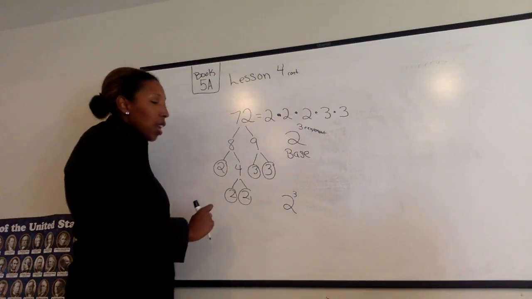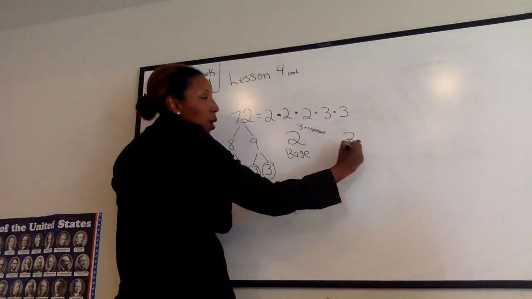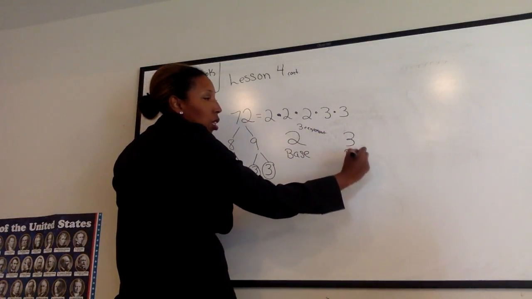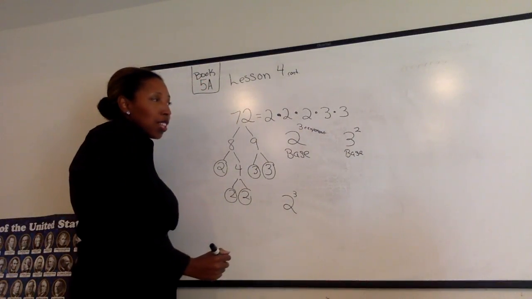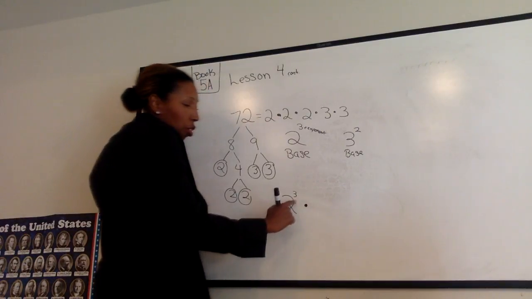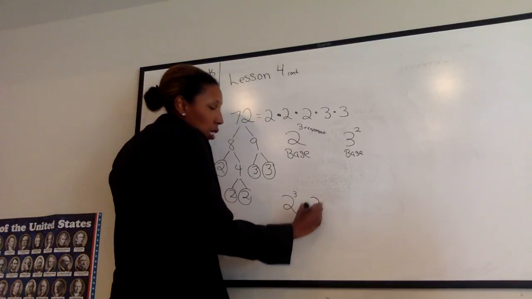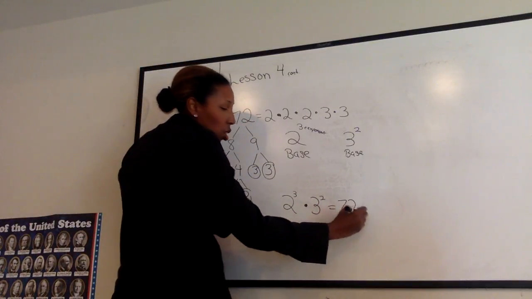Now, I also see here 3. So 3 is my base number, and I see it twice. So that 2 is my exponent. So I do 2 to the third power times 3 to the second power, which is also going to give me 72.